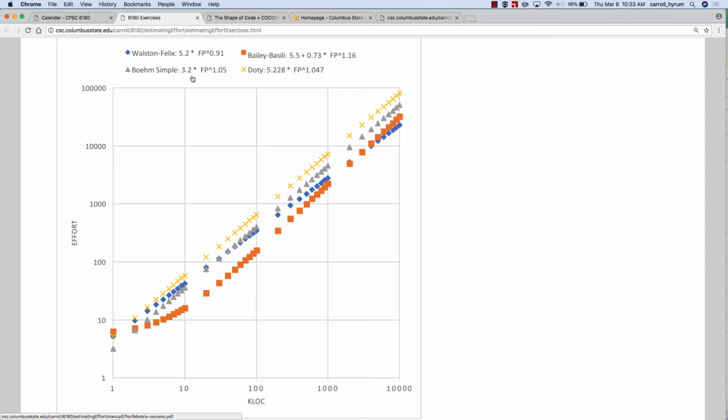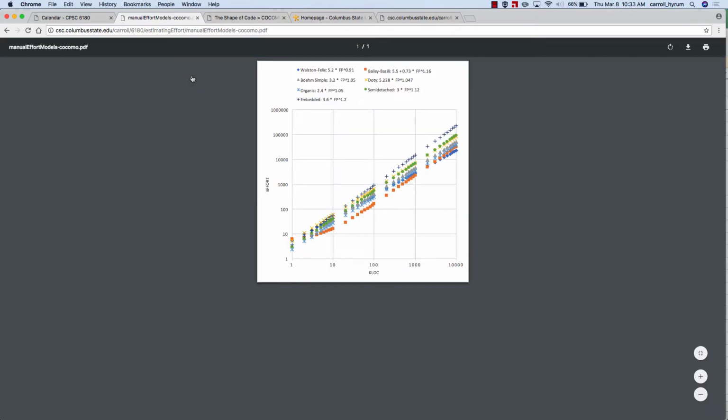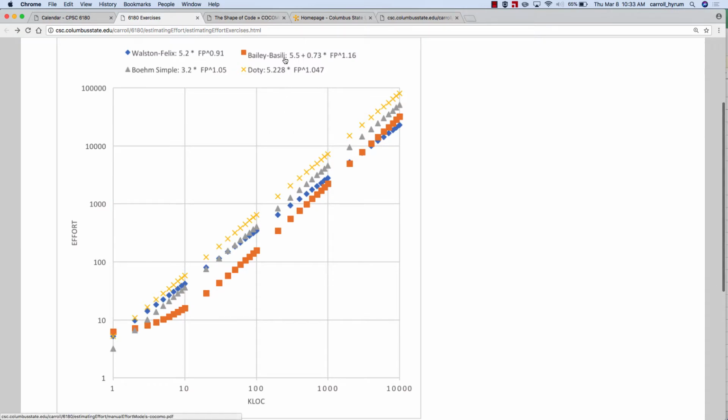Now notice, not all of them have a value for A. Only the Bailey Basili has a value for A here. The rest have values for B and C, and they don't differ that much. Except notice, there are some real interesting differences here. The Walston Felix says, okay, our exponent is lower than 1.